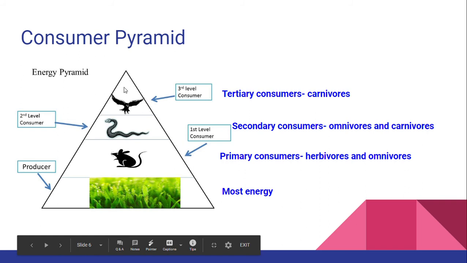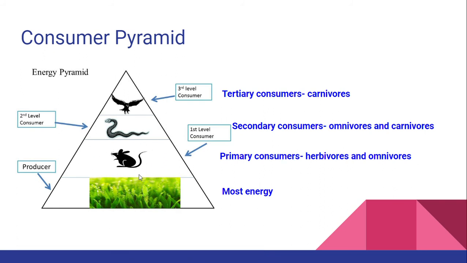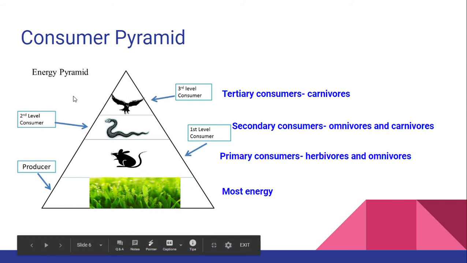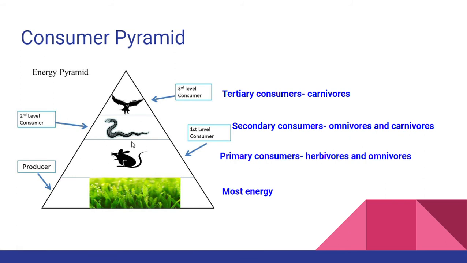When you look at the producer section, doesn't it look a lot bigger than the first level consumer section? Well, this tells us that since this is an energy pyramid, producers have more energy in our environment than the primary consumers, and the primary consumers have more energy than the secondary consumers, and the secondary consumers have more energy than the tertiary consumers or third level consumers.